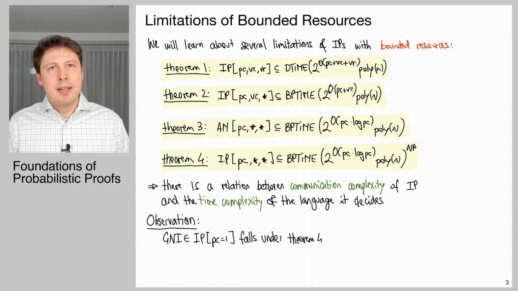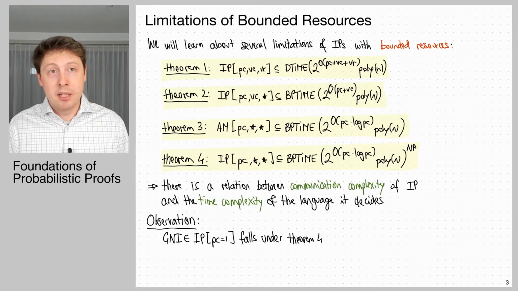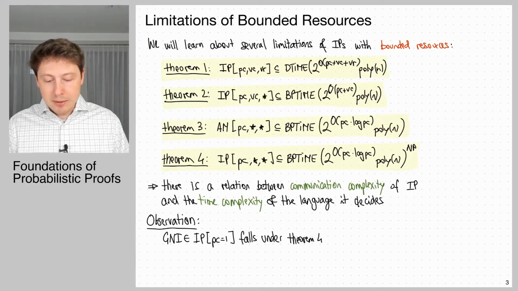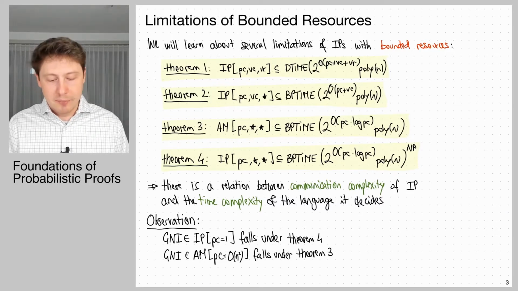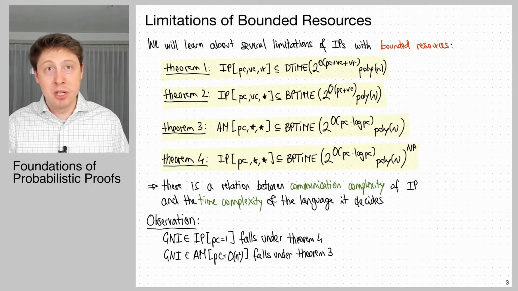But wait a second, in the last lecture, we saw a public coin interactive proof for GNI. Will that contradict something about Theorem 3? Well, it turns out that when we wrote the interactive proof for GNI with public coins, we ended up using a large amount of communication.